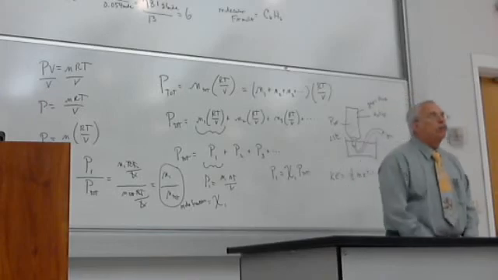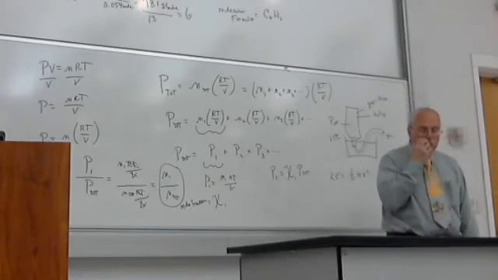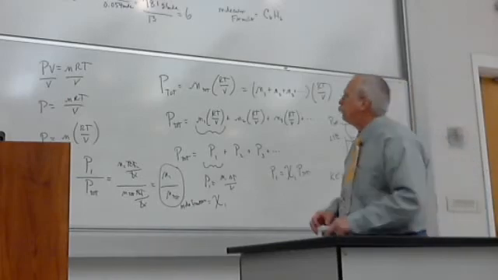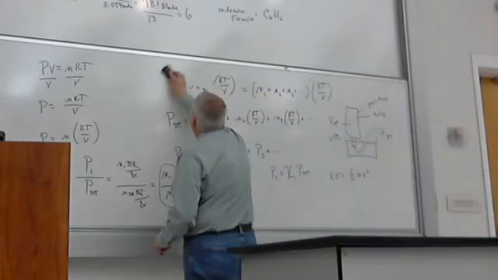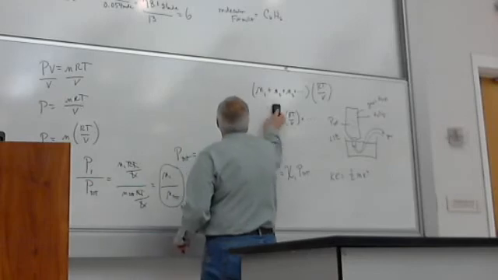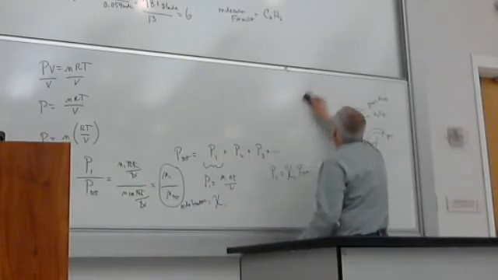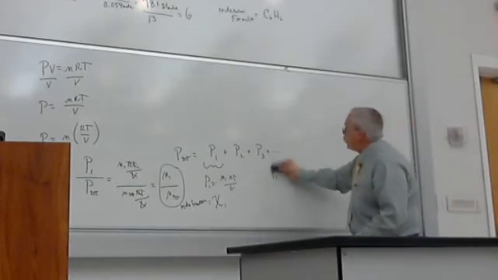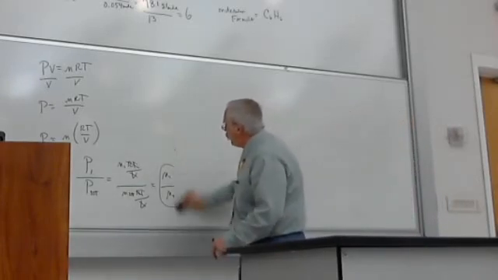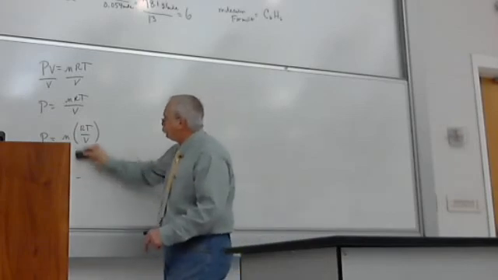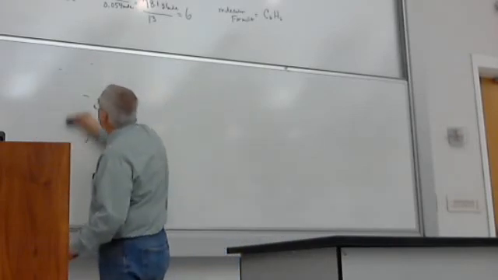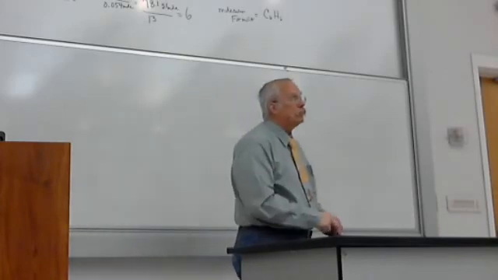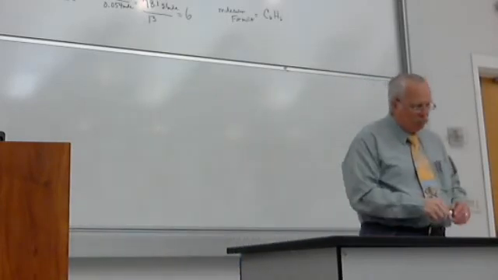Now, a guy by the name of Graham was able to come up with a relationship for the effusion of a gas. The effusion of a gas is the movement of the gas through, say, a hole in a container, and how the gas might move out of that container through that hole. And as we just said, that probably is going to depend upon its mass, because the velocity depends upon the mass.